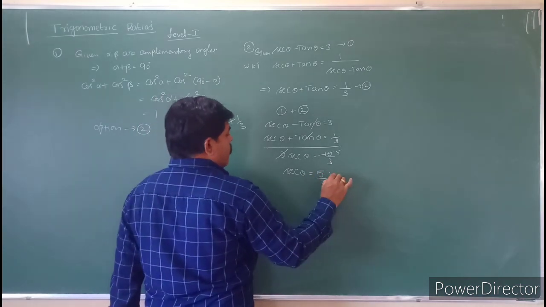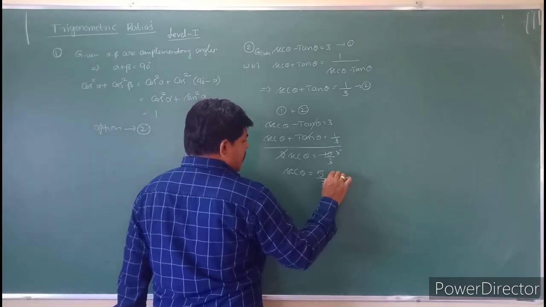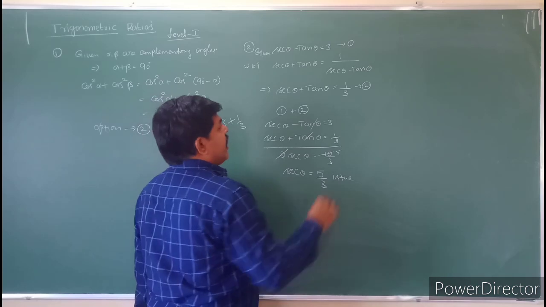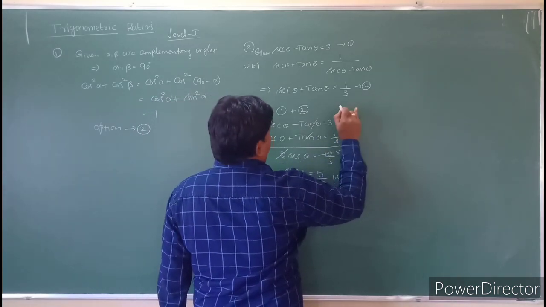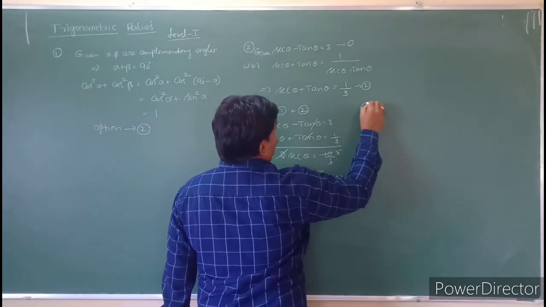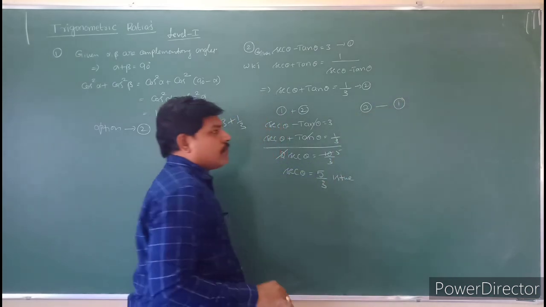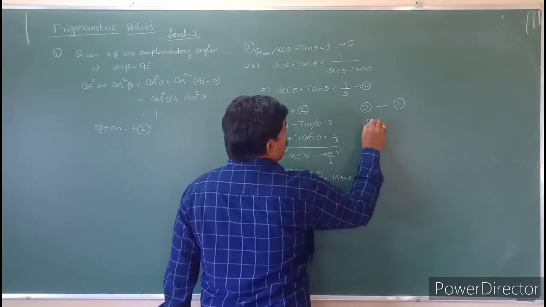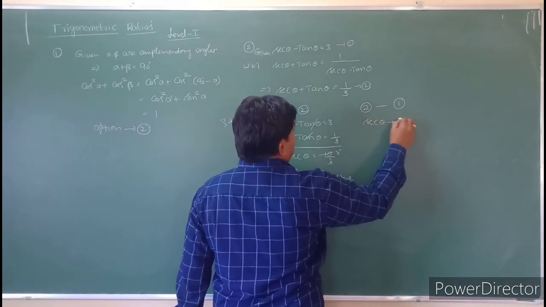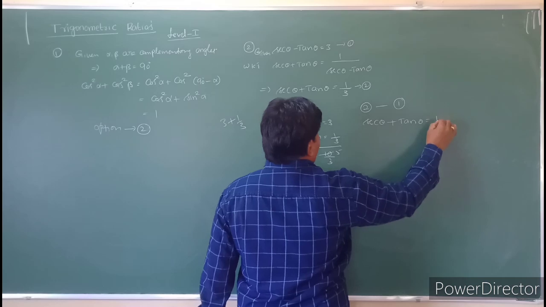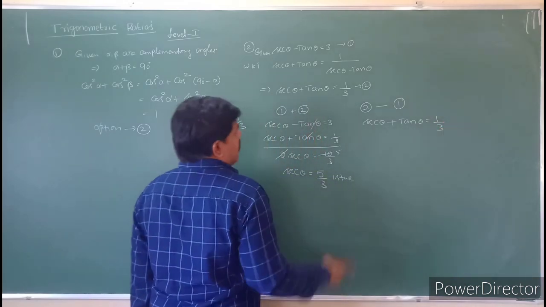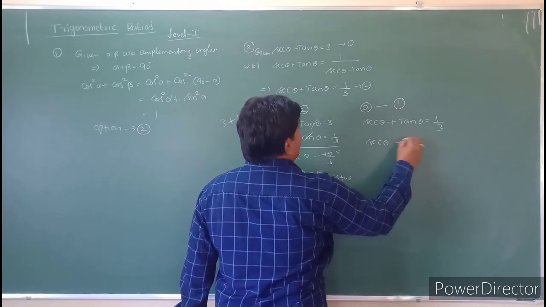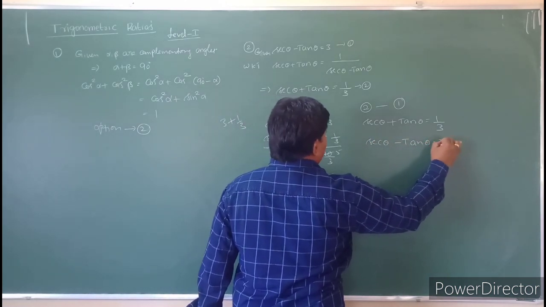So it is positive. Similarly, I will take equation 2 minus equation 1. What is equation 2? Secant theta plus tan theta is equal to 1 by 3. Equation 1 is secant theta minus tan theta is equal to 3.